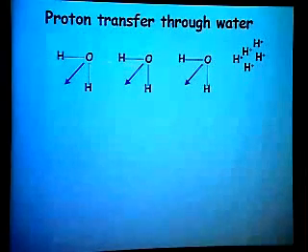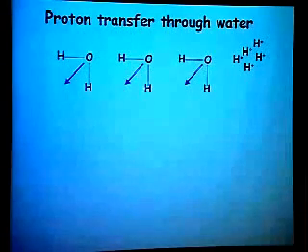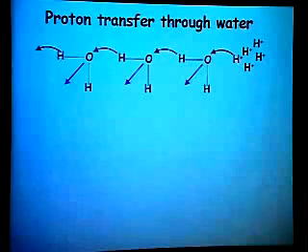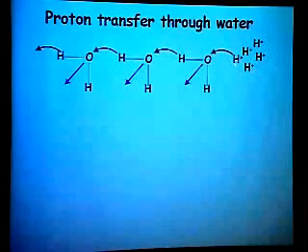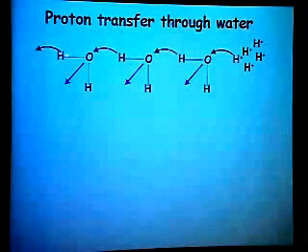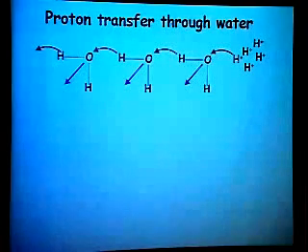So if you have this orientation of water molecules, all dipoles are oriented in the same direction. Then one proton can be picked up from the source of protons. The next proton can be moved to water 2, and water 2 releases another proton to water 3, and water 3 releases a proton to the other side of the membrane.